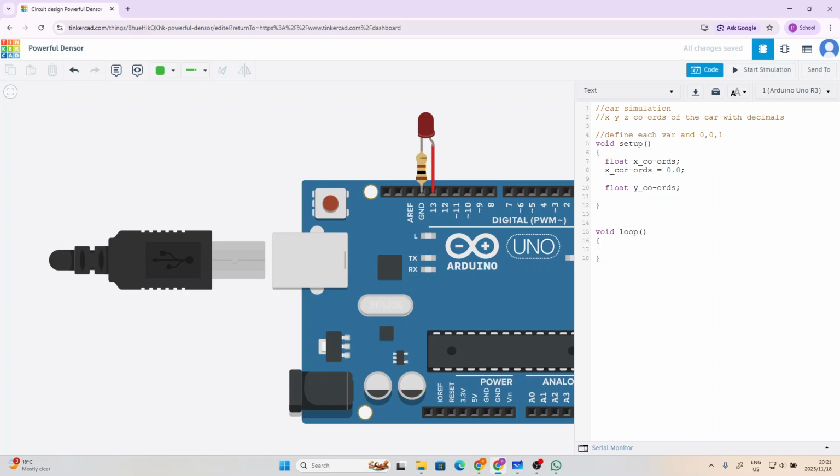Then we say y underscore coordinate equals 0.0, semicolon. Right. You must make sure that your spelling is correct. Lastly, for the z value, it's basically the same thing.